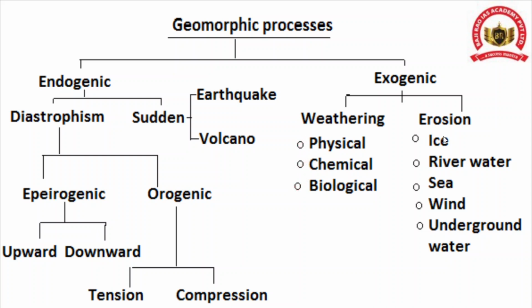The factors responsible for erosion of topsoil include ice, that is a glacial mediated erosion process, river water, sea, wind and underground water. They are the major exogenic forces which lead to the erosion of the surface. All these factors are considered as exogenic factors, and the others are considered as endogenic factors.